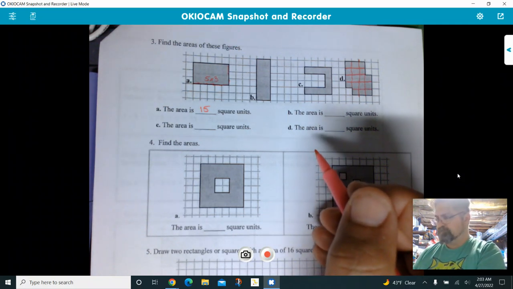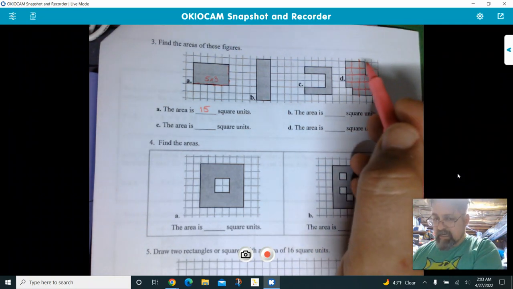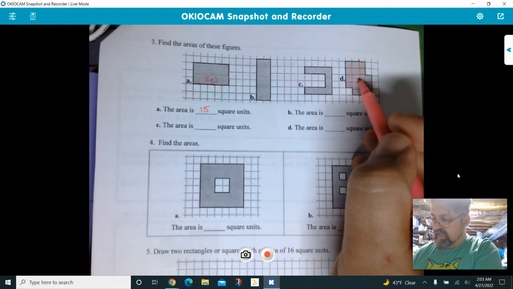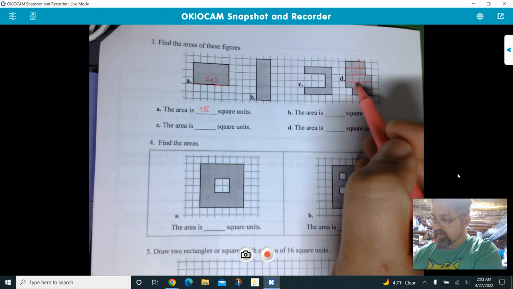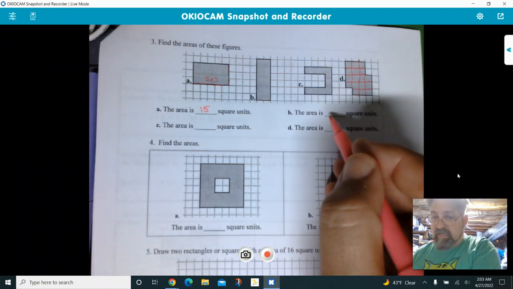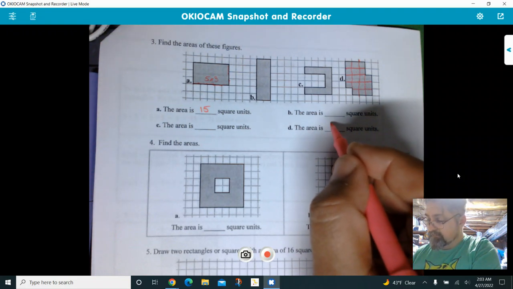So for letter D, I'm going to count up 1, 2, 3, 4, 5, 6, 7, 8, 9, 10, 11, 12, 13, 14, 15, 16, 17. For letter D, I got 17 square units.